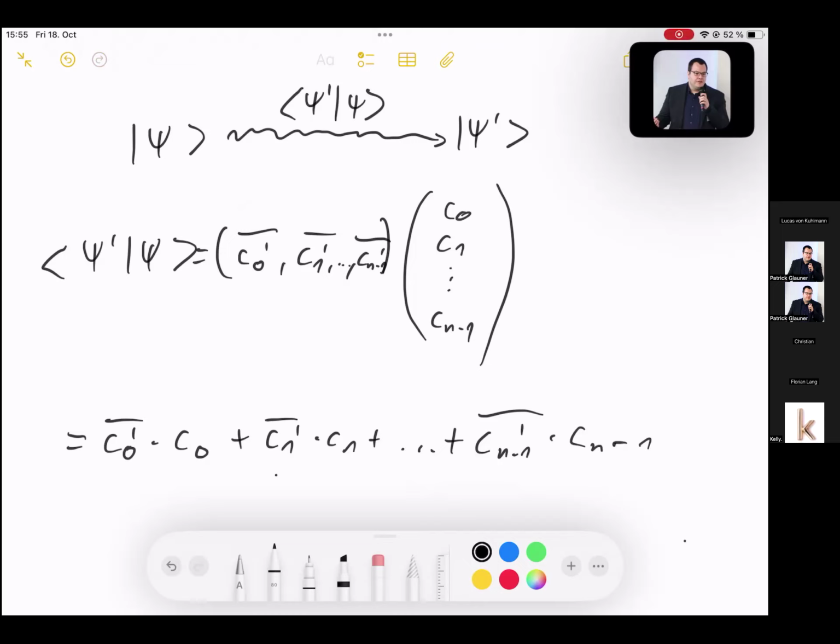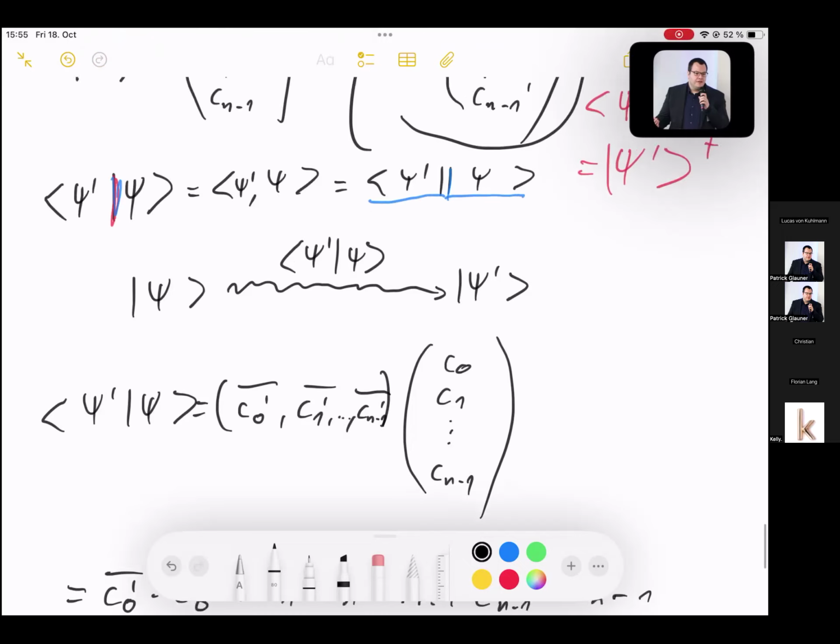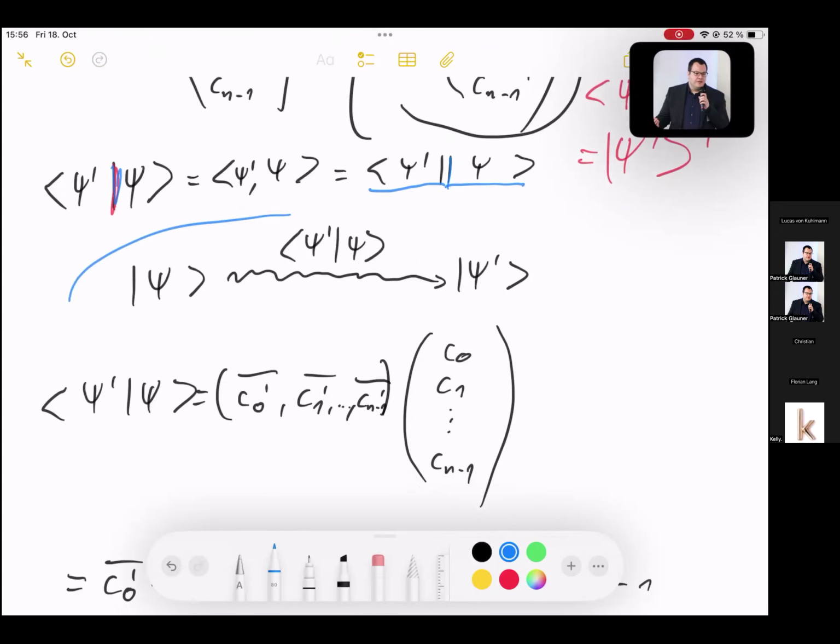And this gives us the transition amplitude between state psi and psi prime. We have just denoted here a visualization for a measurement.